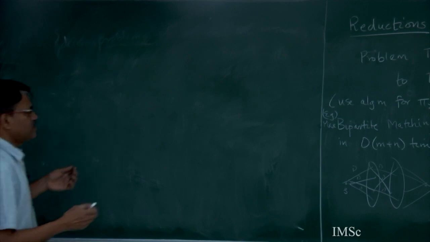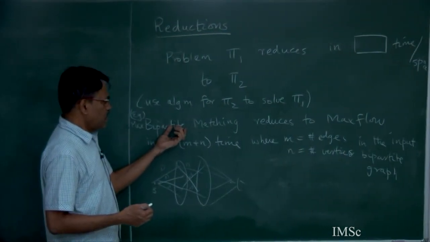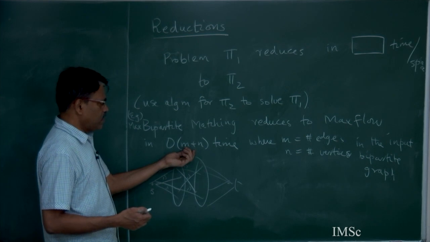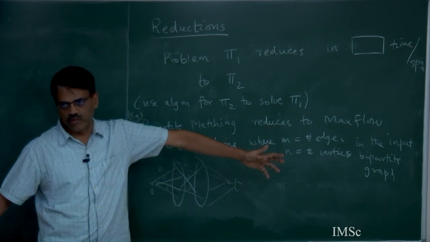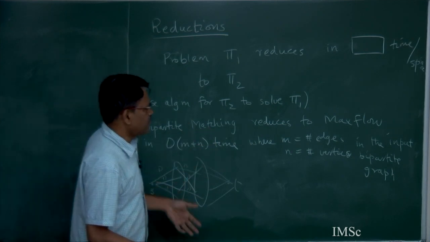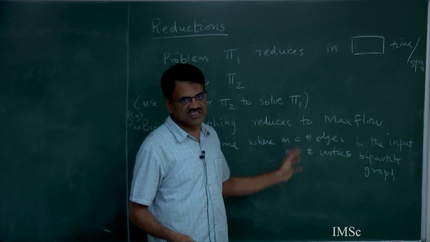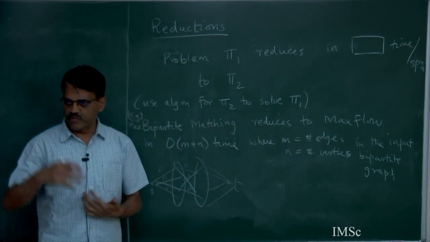What this means is that we have taken an input of the bipartite matching problem, and in m plus n time, we have created an equivalent input to the flow problem. What does equivalent mean? That if the flow value is k, then the matching size is k. That is the equivalence we proved.